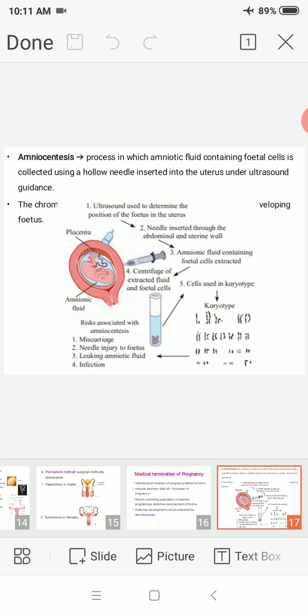The chromosomes are studied to see abnormalities in the developing fetus. But the dangerous trend is the misuse of amniocentesis to determine the sex of the unborn child.